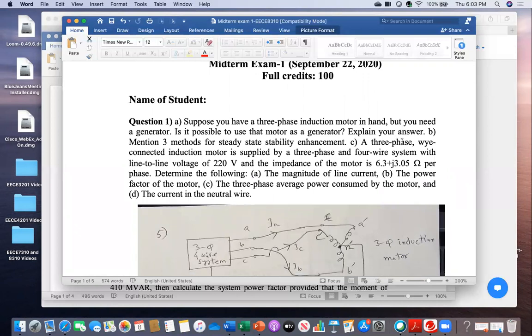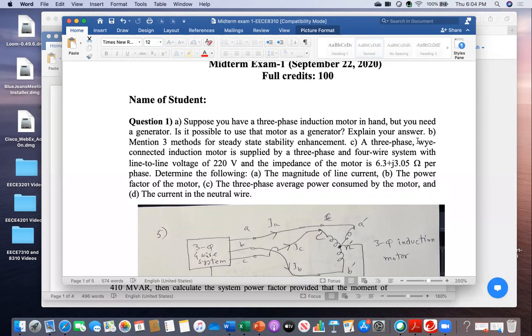What was the answer to the question? Suppose you have a 3-phase induction motor in hand, but you need a generator. Is it possible to use that motor as a generator? Explain your answer. Yes, it is possible. When you add the turbine to that and rotate the induction motor with greater speed, then it becomes the induction generator.